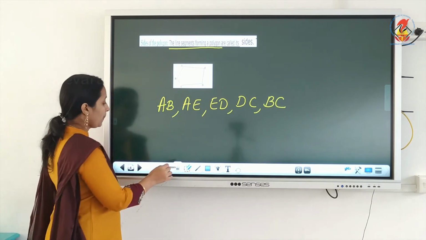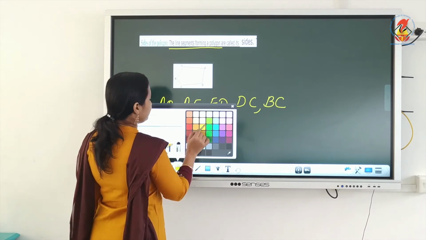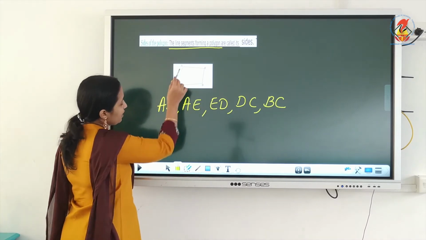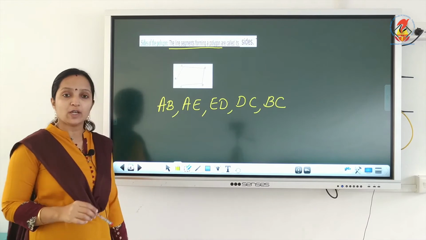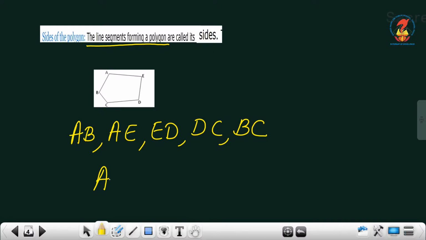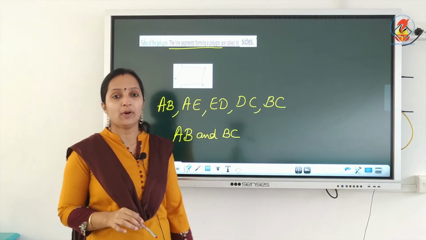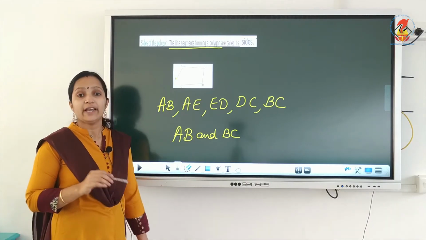Okay. Now look at here children. Here the line segments AB and BC have a common point, is it? Which is the common point? B. Okay. If two sides have a common point, those two sides are called adjacent sides.